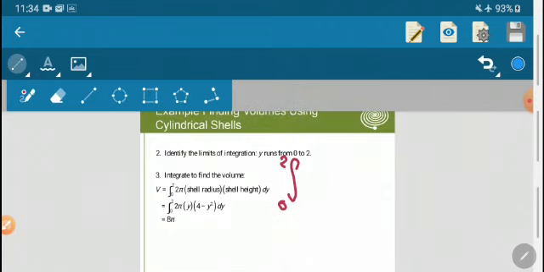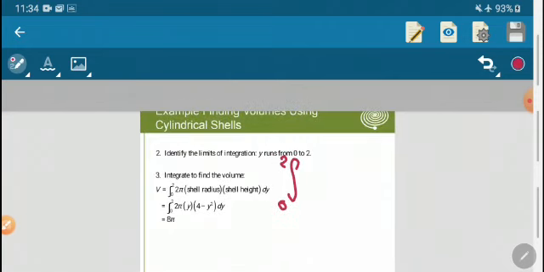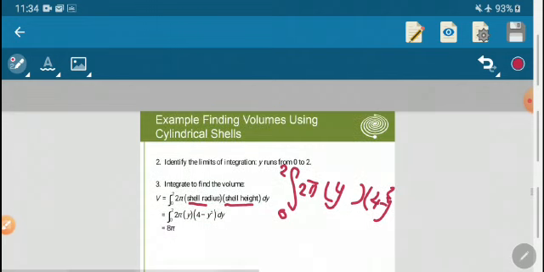Just integrate. The rule becomes 2 pi times the shell radius times the shell height. The shell radius is y, the shell height is 4 minus y squared, dy. After integration and replacing y by 2, the result will be 8 pi.